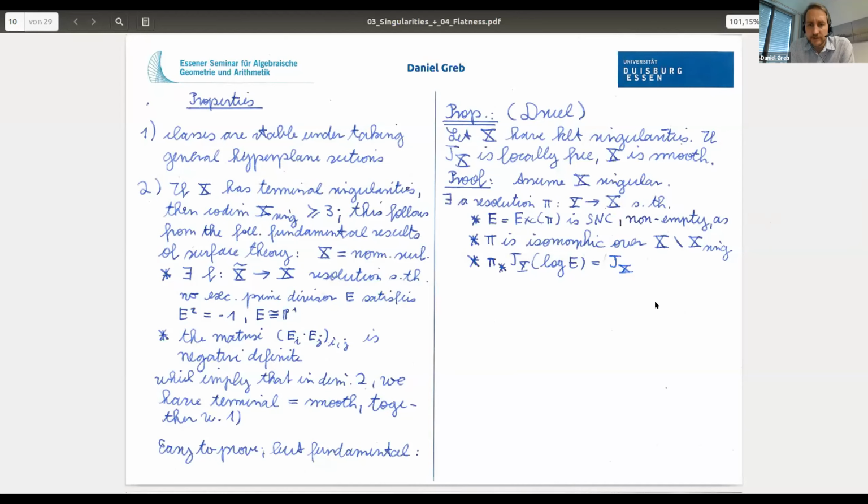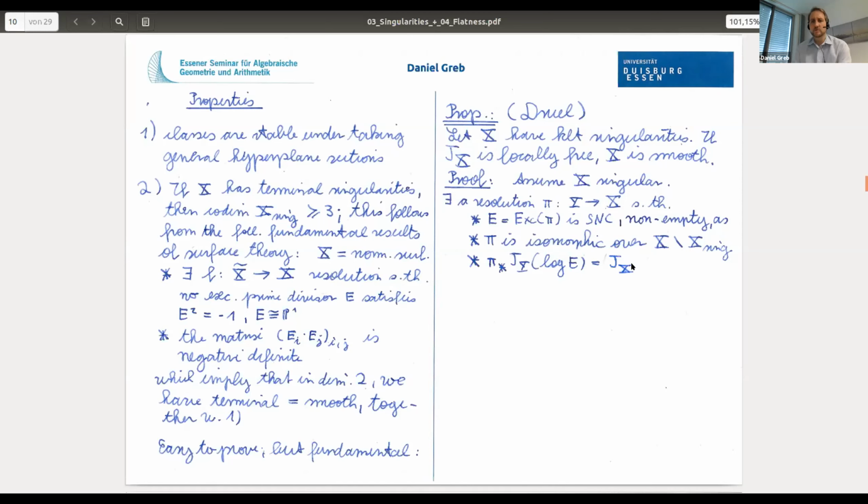So these two things together tell you that your space X is smooth if and only if you have no exceptional divisor. Yeah? So if it's smooth, you don't resolve at all, and if you resolve, there has to be some singularity.